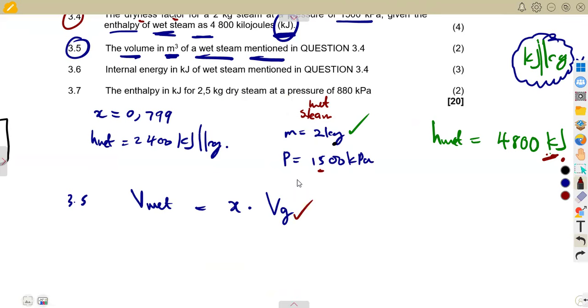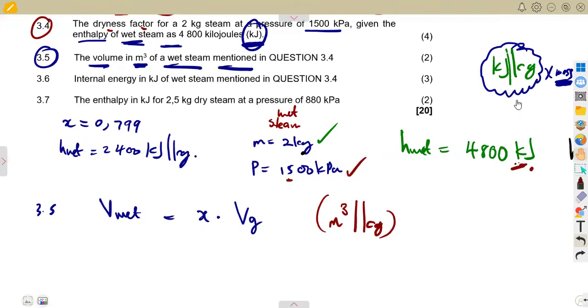But what is important is that the Vg there is the volume of the dry steam, meaning to say it is the volume at the pressure, this at 1,500. So like I said, as you are calculating these values, you are obtaining your answer in volume in cubic meters per kilogram.